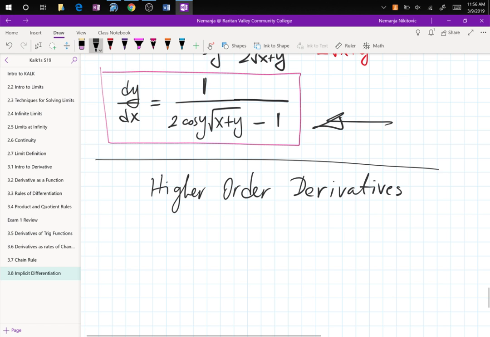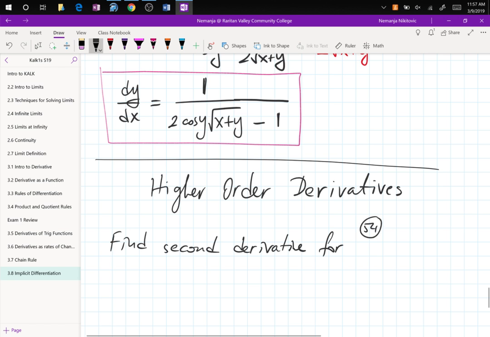Then you have to take another derivative, which makes it living hell. So let's take a look. Find the second derivative for problem 54.